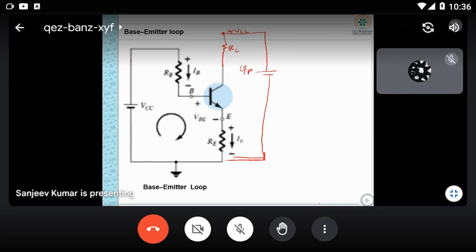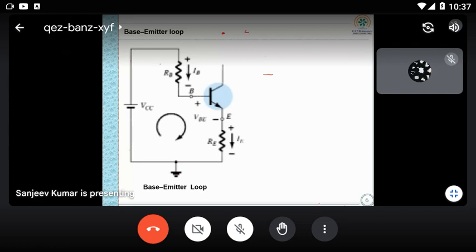Because the same supply voltage is given to input and output, you can split it into two different parts. Sometimes they may have different voltages, but here the same supply voltage is given to input and output. For the time being we are taking the input loop, so I'm removing this part.